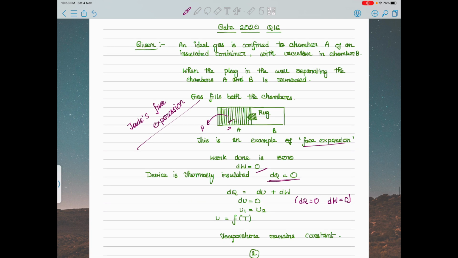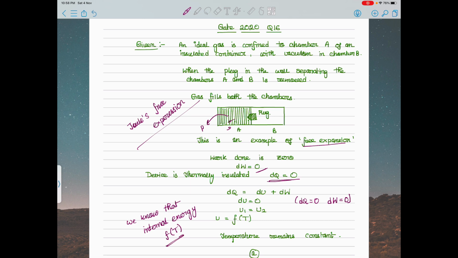Therefore U will be, as we know, this internal energy, which is nothing but the internal kinetic energy, is a function of temperature only.